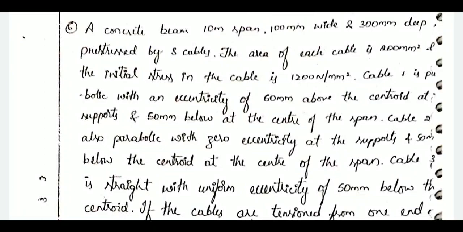Cable 1 is parabolic with an eccentricity of 60 mm above the centroid at supports and 50 mm below the centroid at midspan. Cable 2 is also parabolic with 0 eccentricity at supports and 50 mm below the centroid at the center of the span.